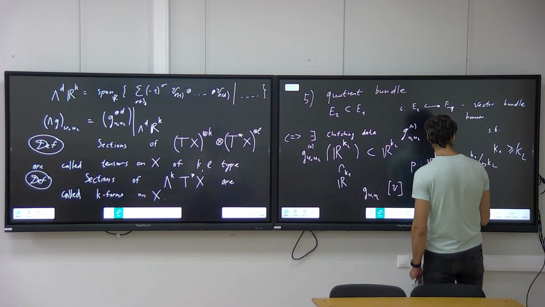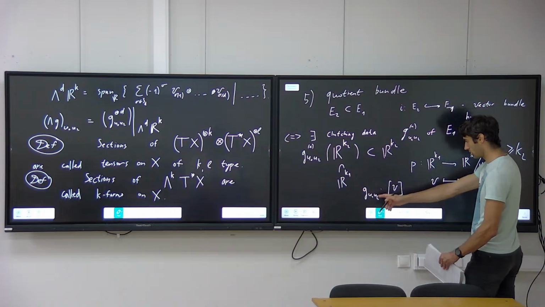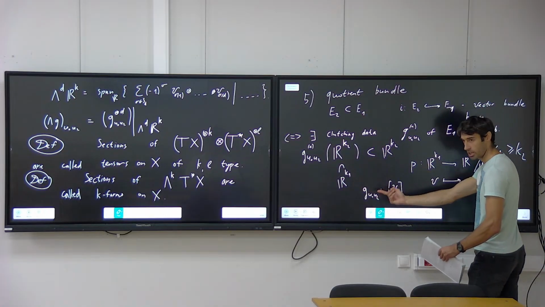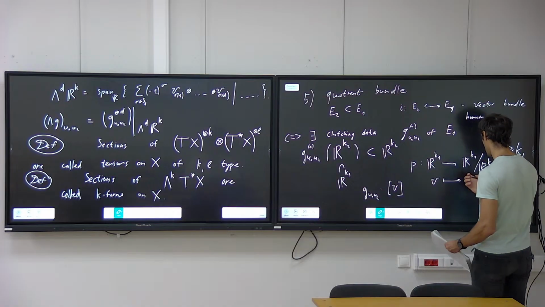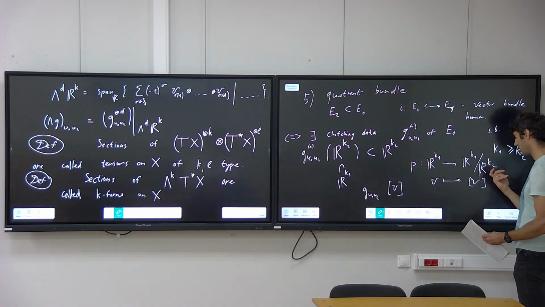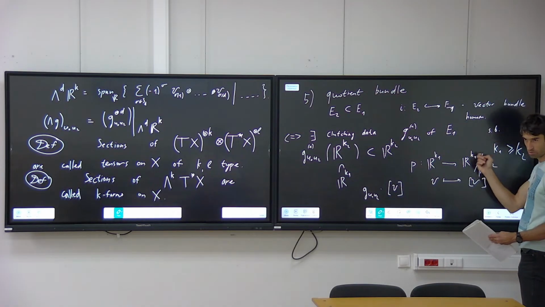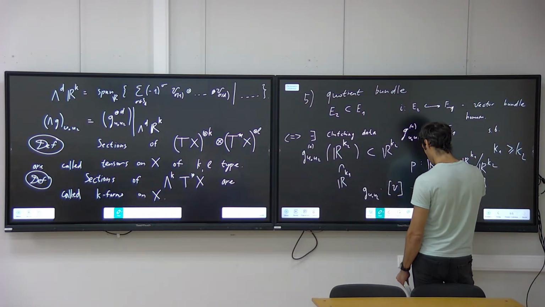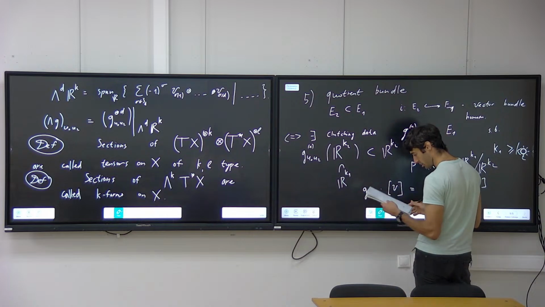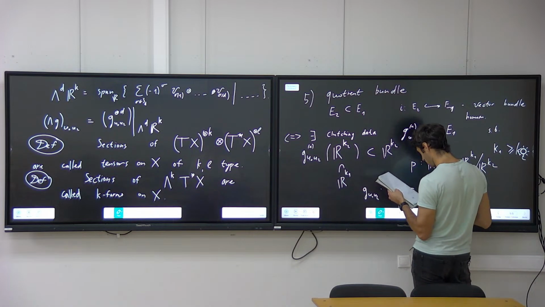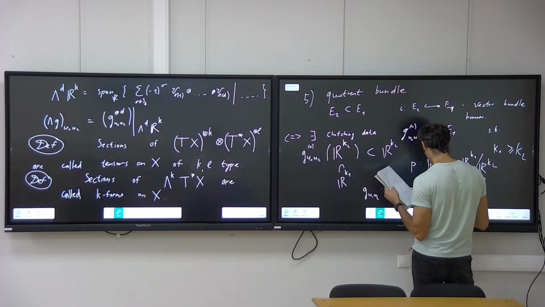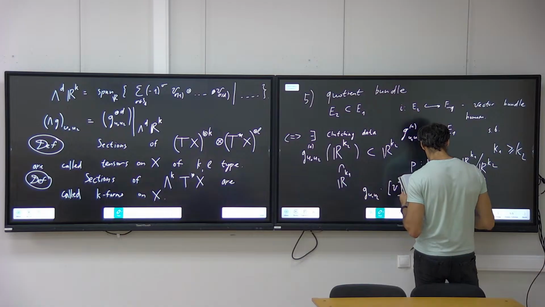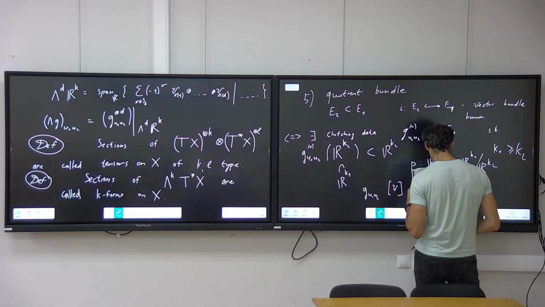Again, this G is from GL K1 minus K2, and I'm thinking of R^(K1 minus K2) as this. And then it acts on that, just bring it inside. So just take G1, U1, U2, acting on v.